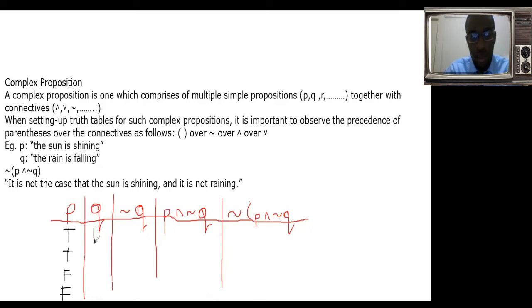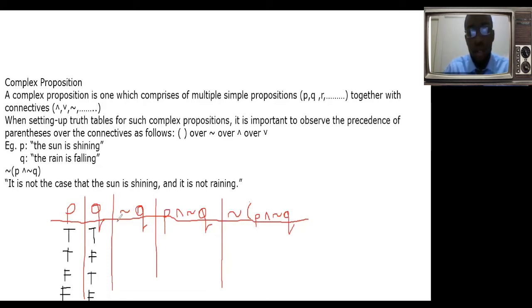So for Q, you put one true, then one false, then one true, then one false. By doing that, this covers all of the following criteria. It covers when both P and Q are true, when both P and Q are false, and when either of them is true and the other false. So that's how you write down P and Q.